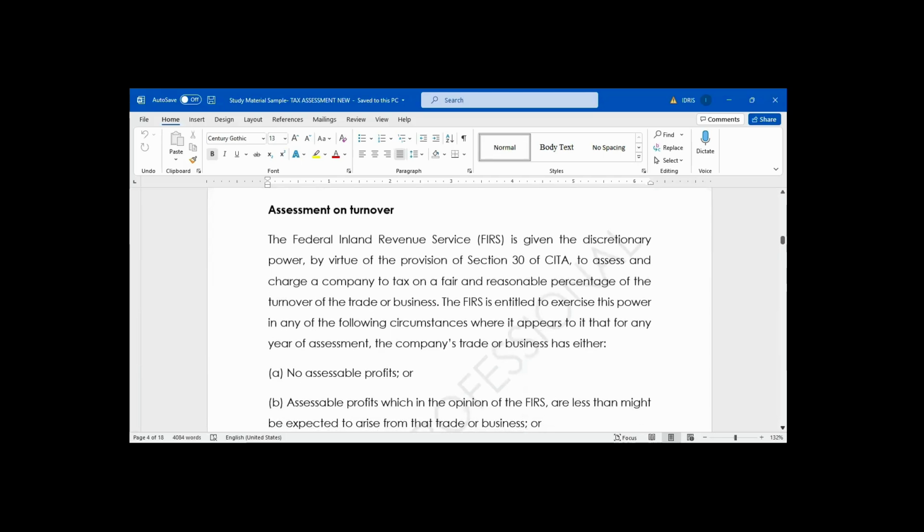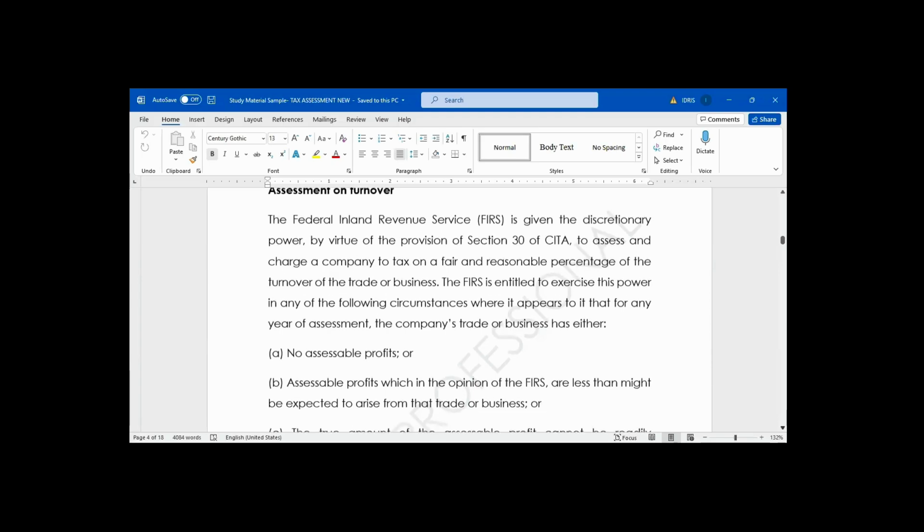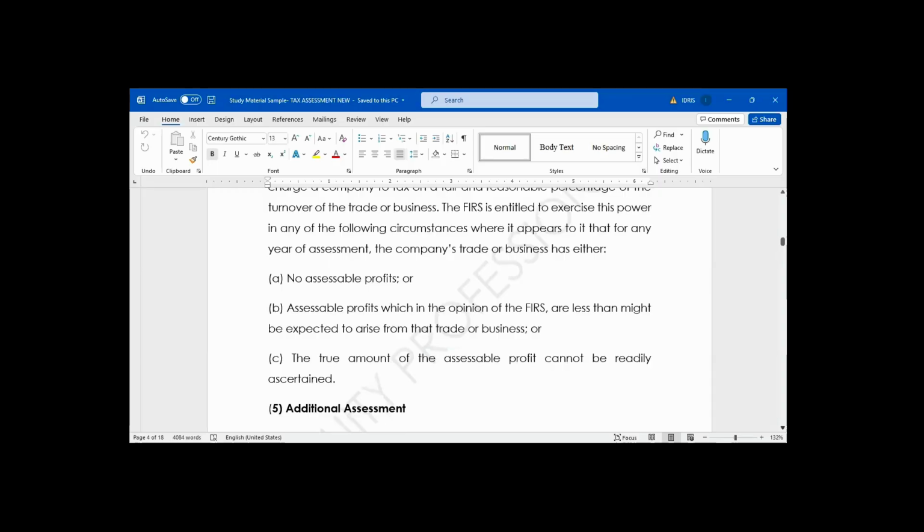One of the conditions where a company will be assessed on turnover is when there is no assessable profit, or when the assessable profit is lower than the expected amount based on the opinion of the tax authority, or when the amount of the assessable profit cannot be readily ascertained.